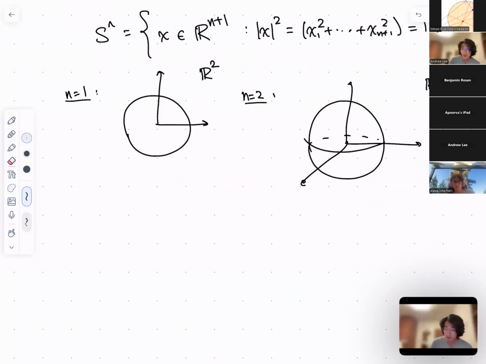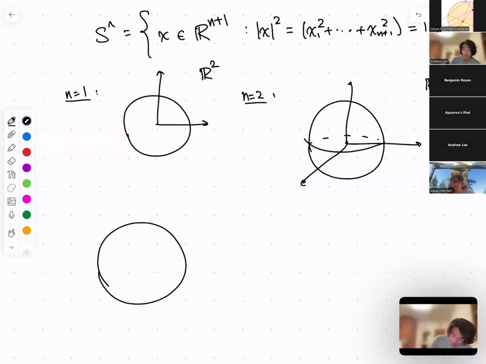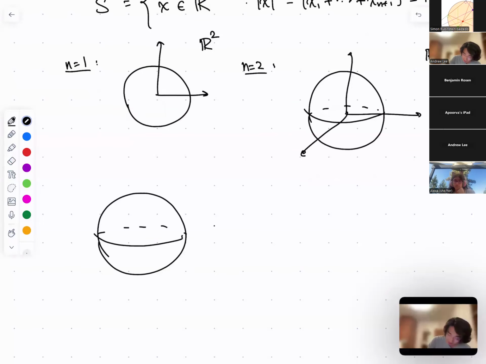I want to demonstrate this by looking at the two-dimensional sphere. Let's look at the function f defined as f of x equals x3. I have the x1, x2, and x3 coordinates, and whenever I have a point on the sphere, I project it onto its height.